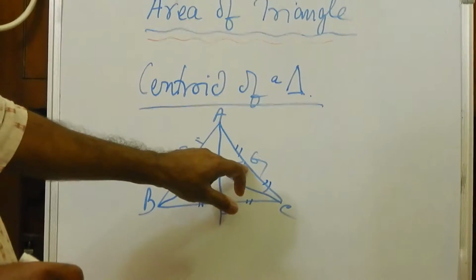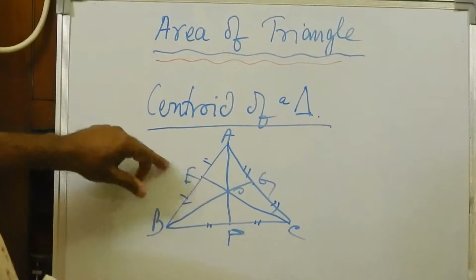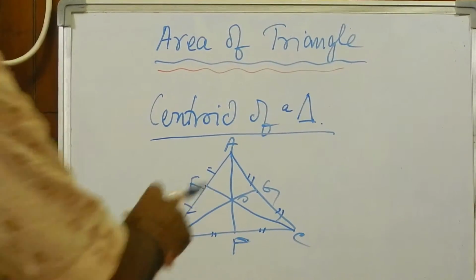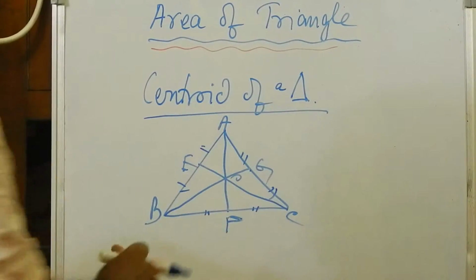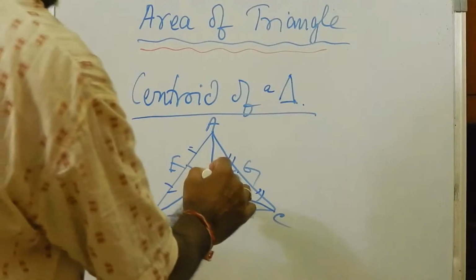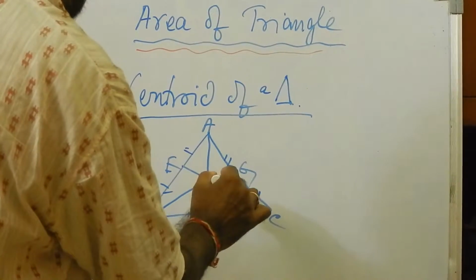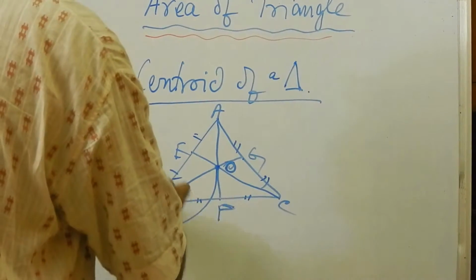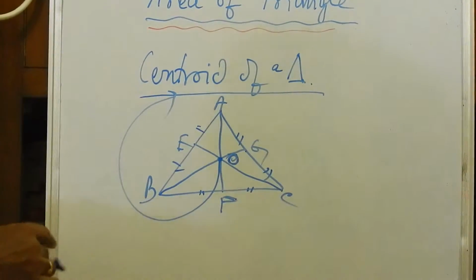G is the midpoint of AC, E is the midpoint of AB, and F is the midpoint of BC, and joining these points we get the medians. These 3 medians intersect at a point O. This is called the centroid of the triangle.